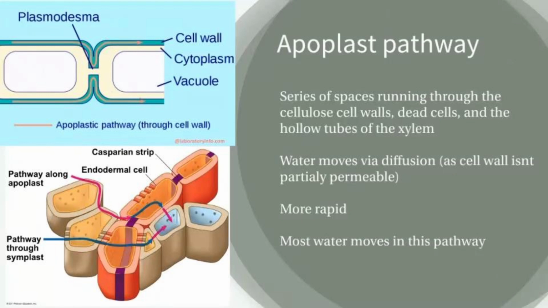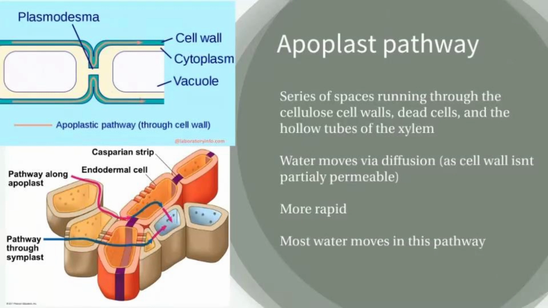If you remember, osmosis is only when the movement of water is through a partially permeable membrane, but as this is not a partially permeable membrane, it is just called diffusion. The apoplast pathway is a more rapid form of transport of water, and in the plant most of the water will move via this pathway.